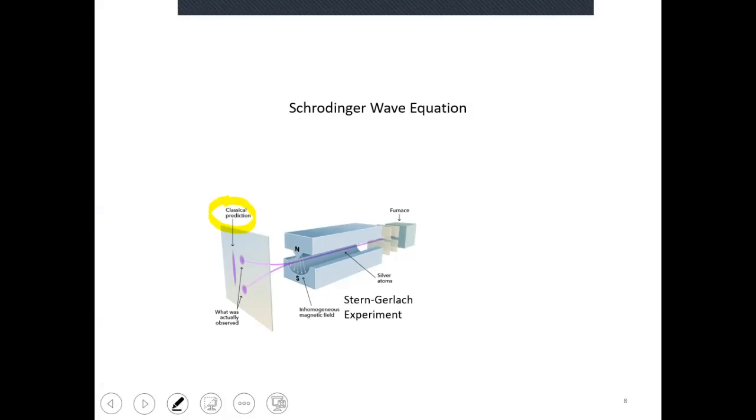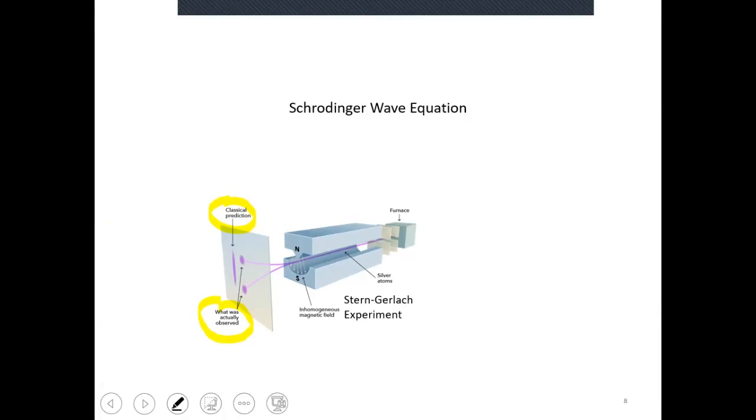You would have found a smear because the atoms in this sample of silver would all have had different magnetic fields according to the classical physics description of a moving charged particle. But what they found instead was that you only saw two spots. In other words, this magnetic property, whatever it was, was also quantized.